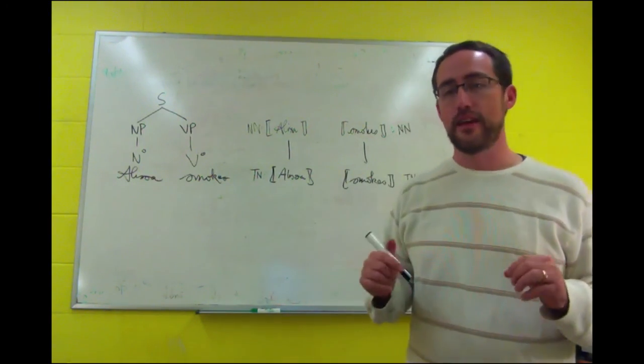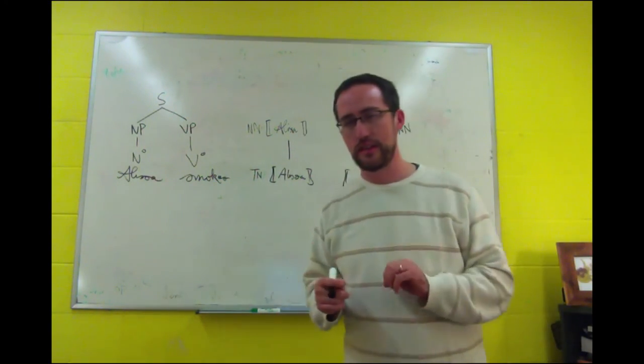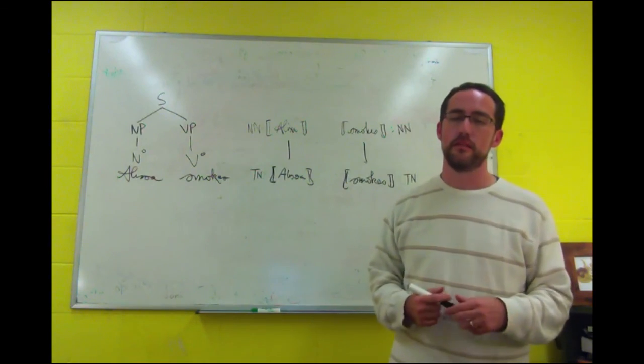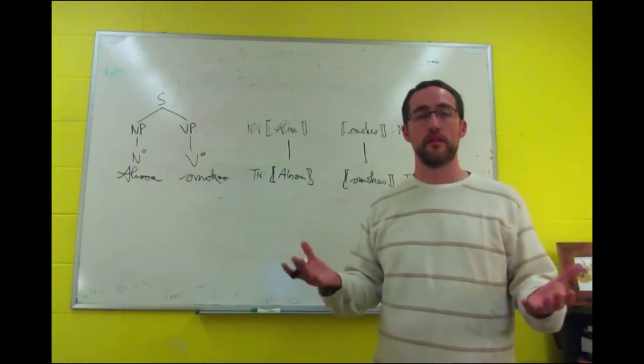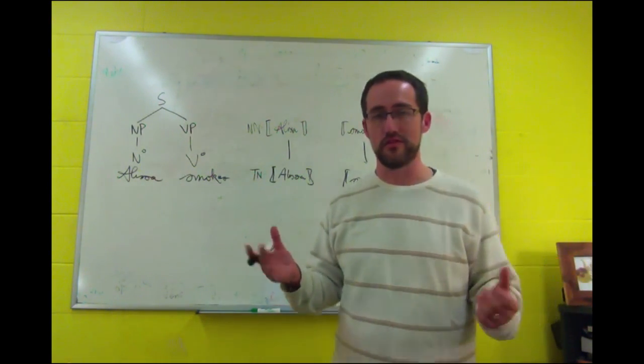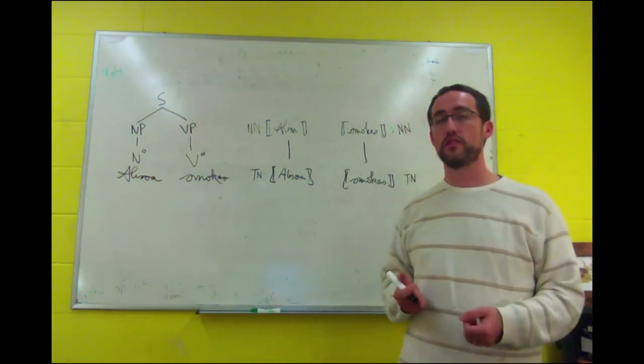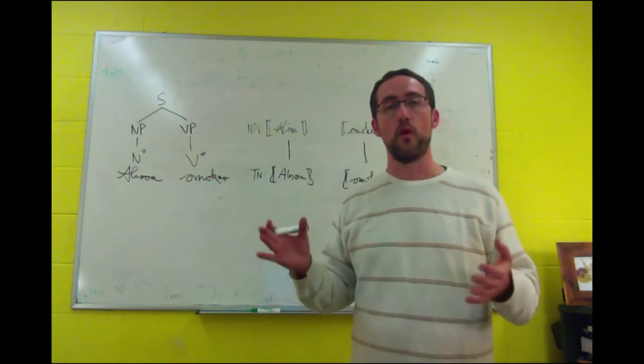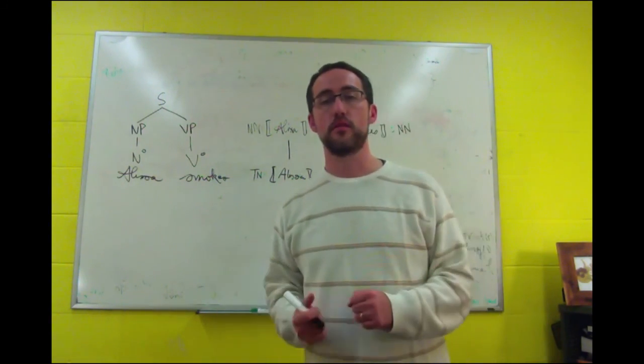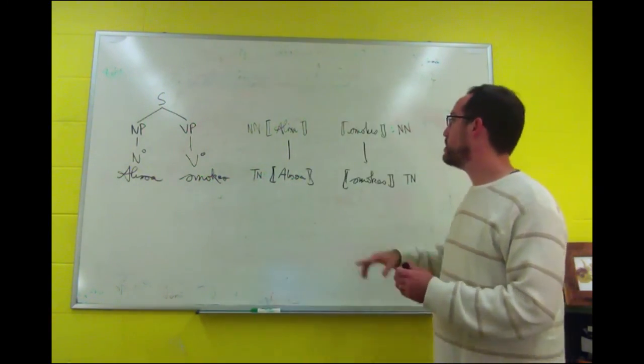Now on the right, you see that there is an interesting change. I've replaced the meaning of Alyssa with the metalinguistic expression Alyssa, and I've replaced the meaning of smokes with the actual function, the characteristic function. Why did I do that? Because they're equivalent.